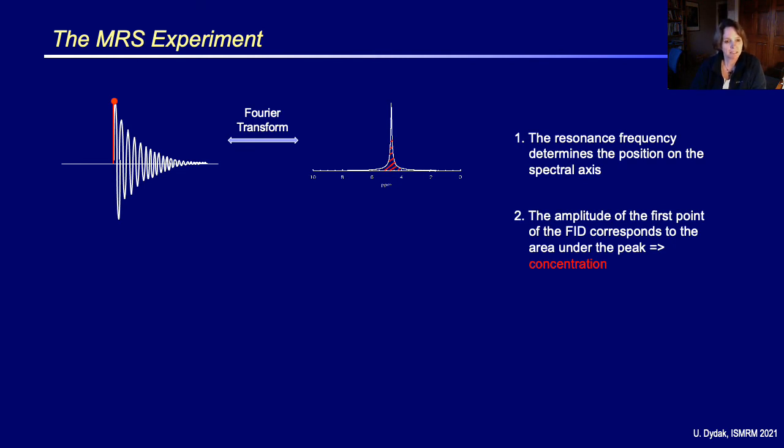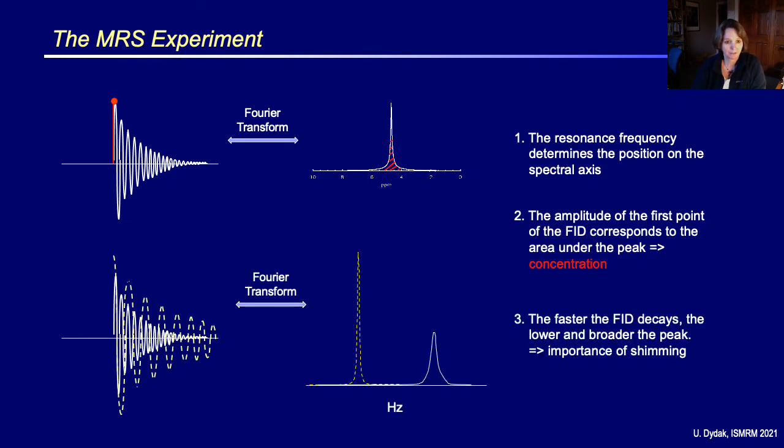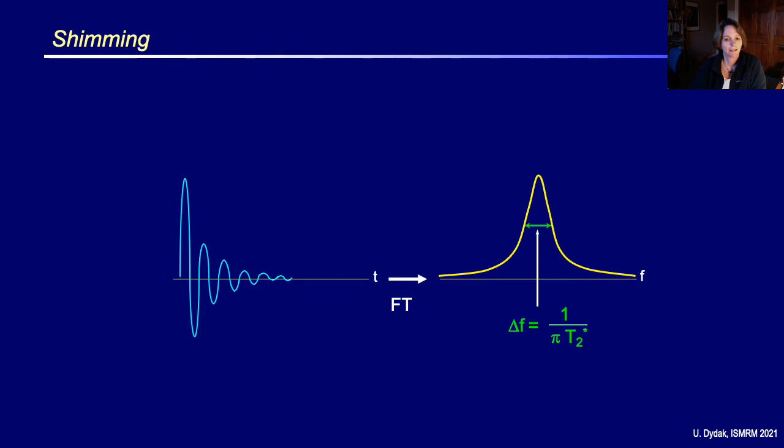Let's look at some other relationships as well that have to do with relaxation mechanisms. As you can see here, the faster an FID decays, the lower and broader the peak will be. Therefore, for spectroscopy, shimming and having a very homogeneous magnetic field is of utmost importance. The rate of the decaying signal is given by the relaxation time T2*, and that is directly reflected in the width of the peak on the frequency axis.